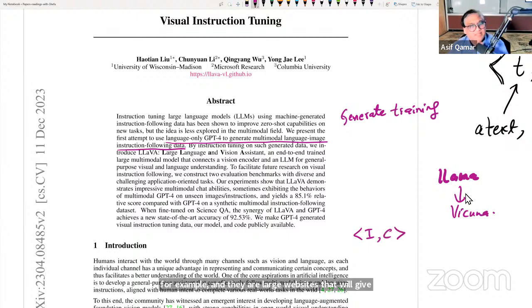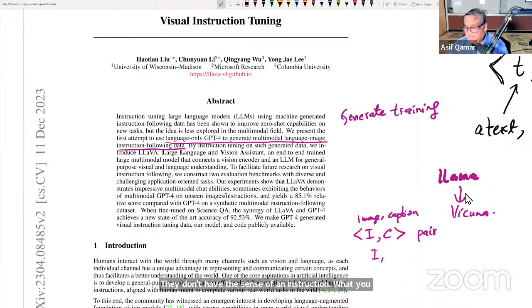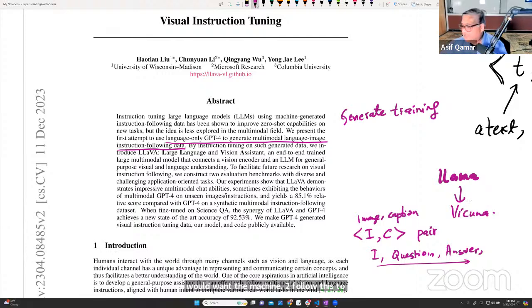But image-caption pairs are not sufficient to train. They don't have the sense of an instruction. What you need is an image, a question about the image, an instruction with some answers, and you would want the machine to learn from this sequence.